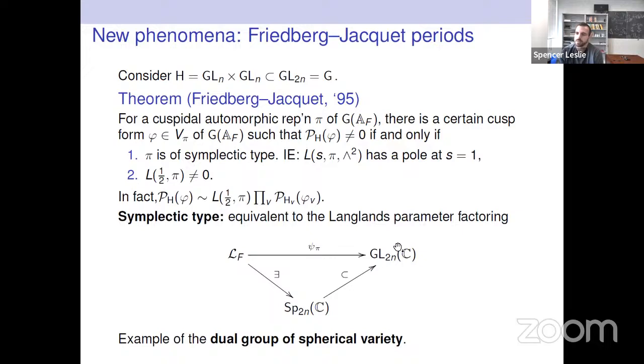And this brings up an important, relatively modern aspect of the Relative Langlands program, the notion of the dual group of a spherical variety. So I want to explain what that is.